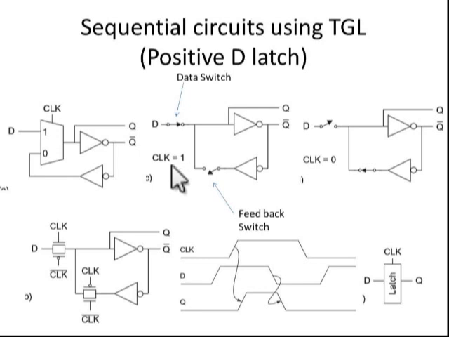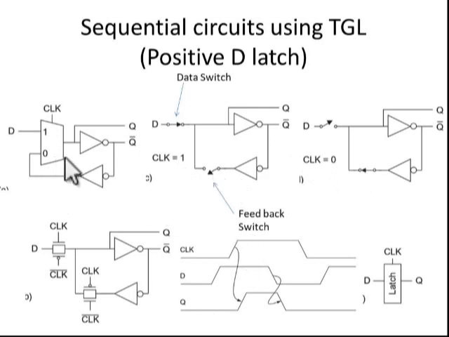Here you can see, when clock equals 1, it gets the new data. When clock equals 0, it retains the previous state. From the diagram itself, you can easily understand why it's called a positive D latch.